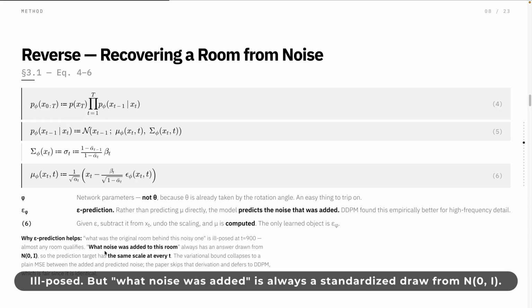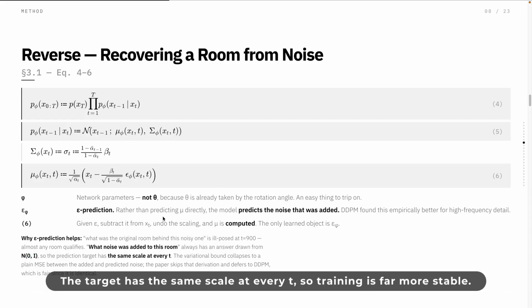But what noise was added is always a standardized draw from N(0, I). The target has the same scale at every t, so training is far more stable.